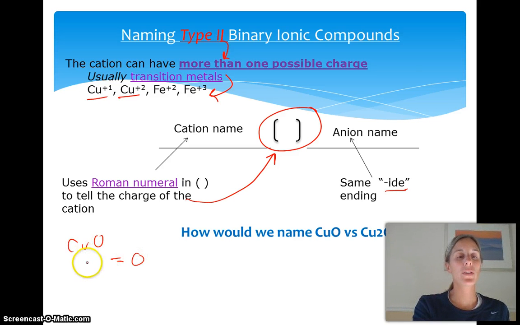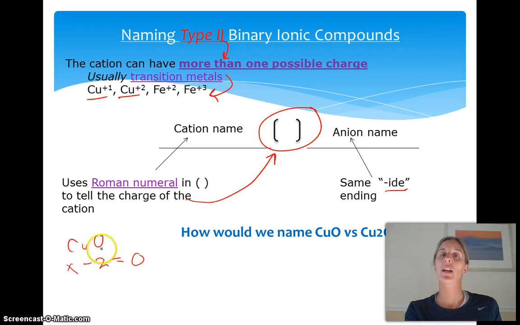We don't know what the charge is on a copper, so we can give it X. We do know the charge of an oxygen ion is a -2 from our periodic table because it's got 6 valence electrons, so it needs 2 more to get to 8, so it takes on a -2 charge. So if we want to know what the charge is on our copper, we just solve for X. So X minus 2 equals 0 tells us our copper ion has to have a charge of +2. So that means we're dealing with this +2 copper ion.